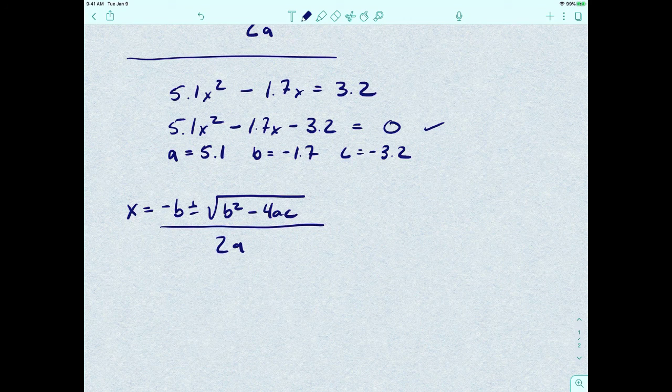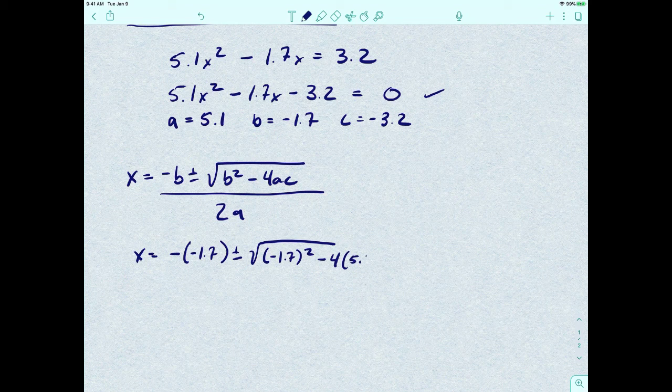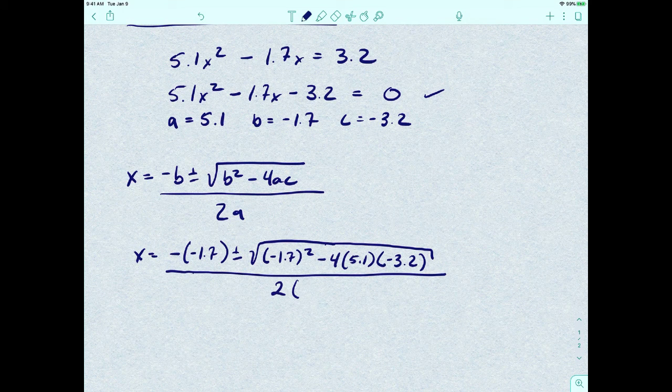And so what I need to do is start popping my values in. So in this case, x would be equal to negative negative 1.7, plus or minus the square root of negative 1.7 squared minus 4 times 5.1, which is our a, times c, which is negative 3.2, divided by 2 times 5.1.